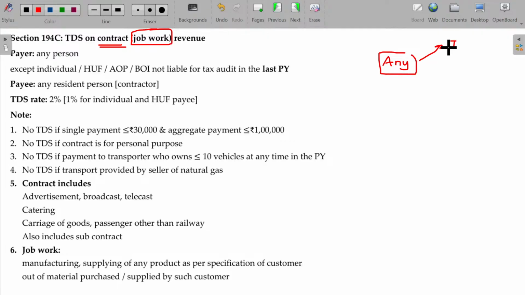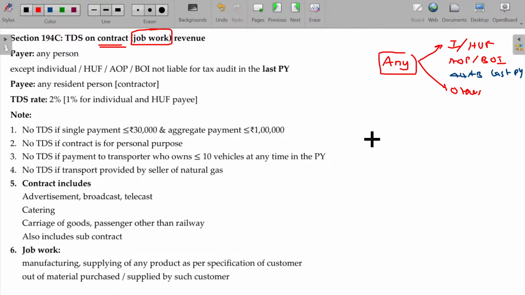Here, individual, HUF, AOP, and BOI falling under section 44AB in the last previous year, and others. So who will not fall under this case? Individual, HUF, AOP, BOI not required to go for tax audit under section 44AB is not covered by 194C. So he escapes deducting the TDS under section 194C due to this provision.